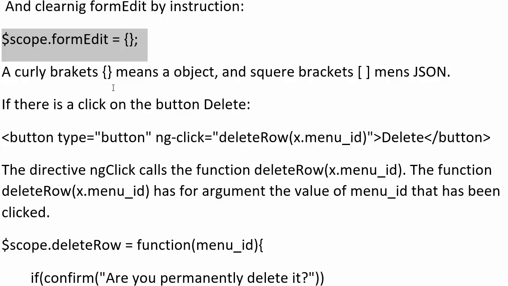Curly brackets mean object, and square brackets mean JSON.